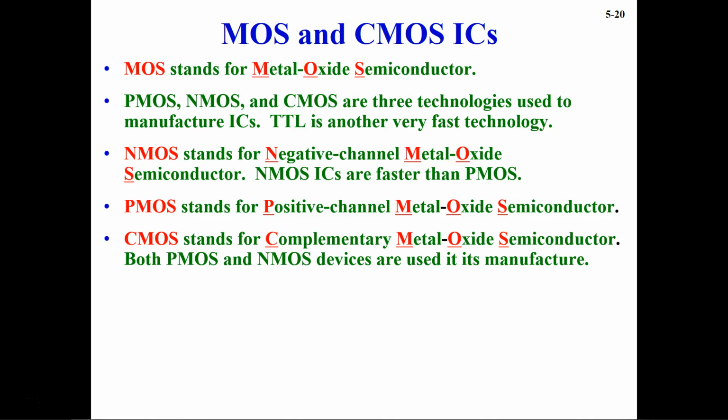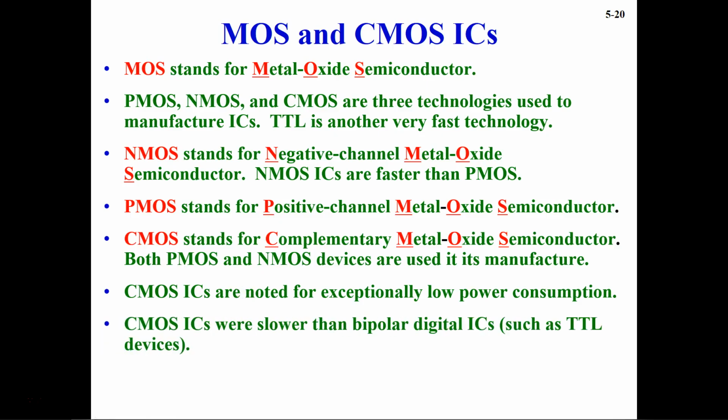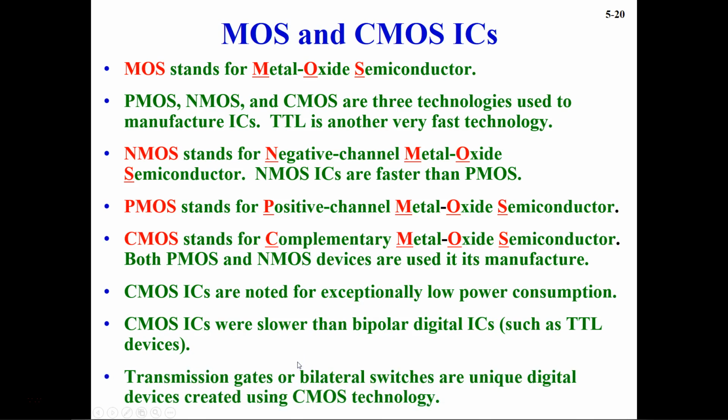They have lower power consumption, and that's what made CMOS ICs more popular compared to TTL. CMOS ICs are noted for exceptionally low power consumption, lower than bipolar digital ICs such as TTL devices. And transmission gates, or bilateral switches, are unique digital devices created using CMOS technology.